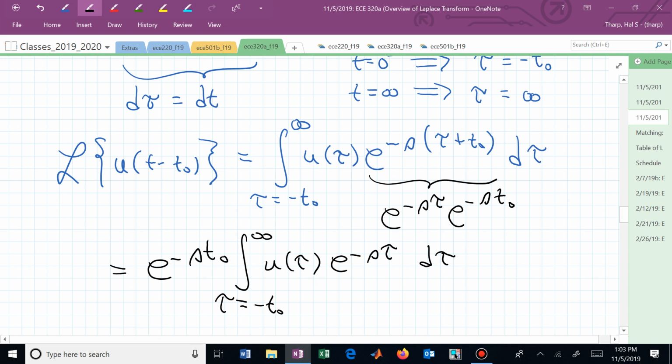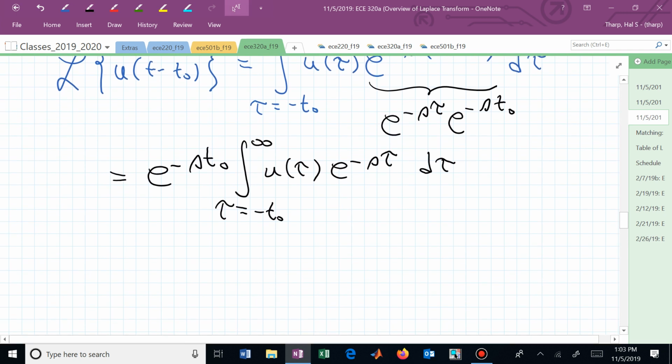That's what we just did in our previous Laplace of a unit step. It's looking similar, it's just the limits on the integral have changed. But we can break that apart. We can say that's e to the minus s t naught. We can split that integral into two integrals.